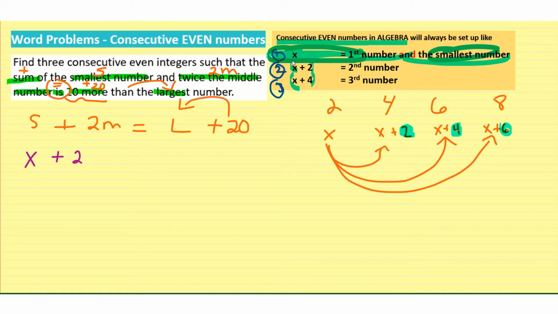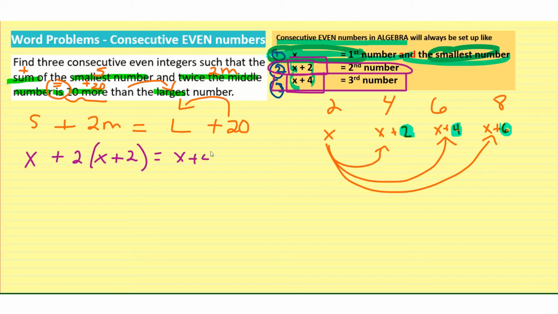The middle number in my sequence of 3 is the second number, so it is x plus 2. And that's equal to the largest, which is the third one in my sequence, x plus 4. Plus the 20. Does that make sense?